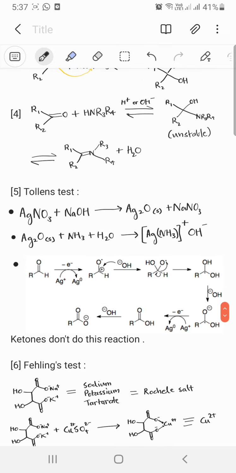Tollens test. So NaNO3 over there, which means NO3 minus. Right, that's about correct. So this Ag2O, oh, this still reacts plus NH3. Ag2O you say. So Ag plus over there and O2 minus.